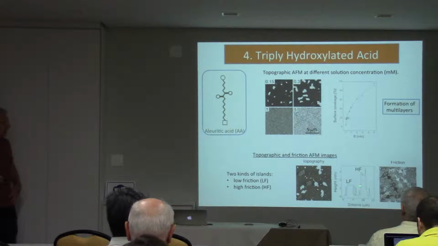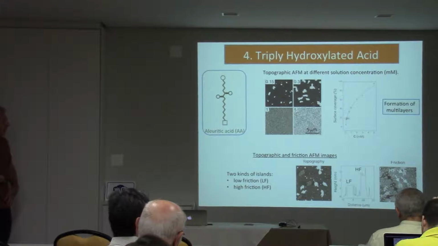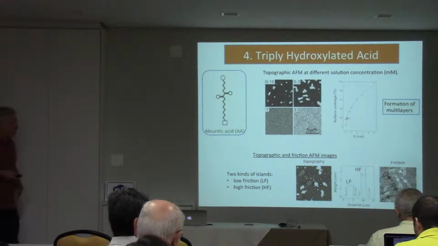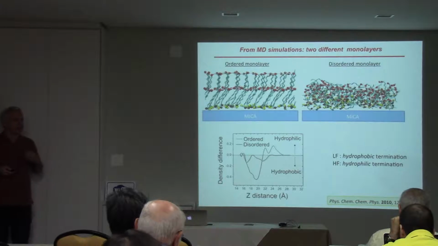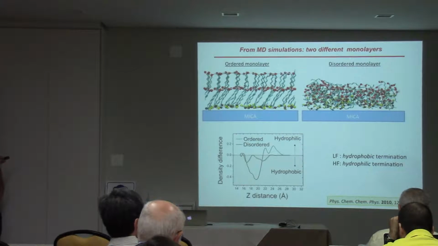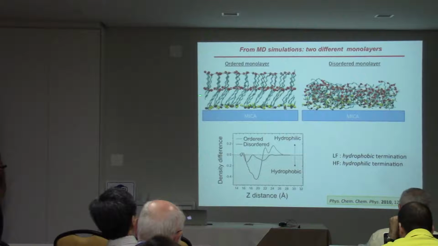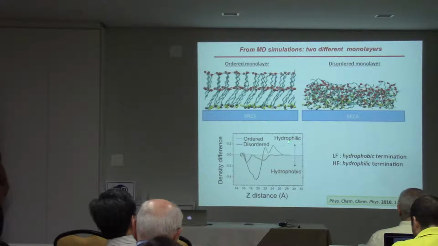These two regions, low friction and high friction regions, have an origin that can be understood from molecular insights. Simulation can show that an aleuritic monolayer has this structure, and the termination of this layer is basically hydrophilic.